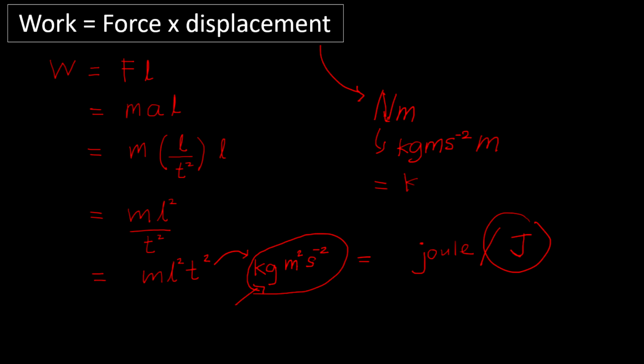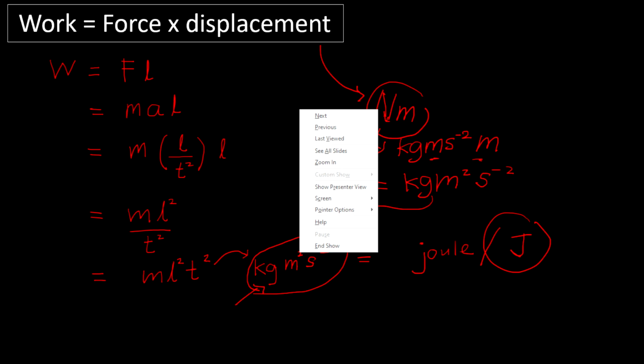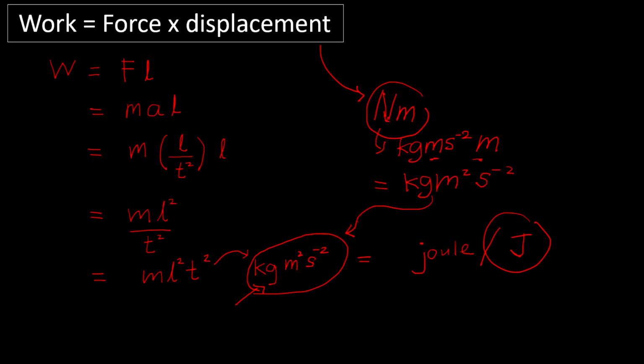It becomes kg m, so this is m^2, and then just copy s^-2. Can see they are the same. Isn't it fun? Okay, so we say 1 Newton meter is the same as 1 kg m^2 s^-2 equal to 1 joule.